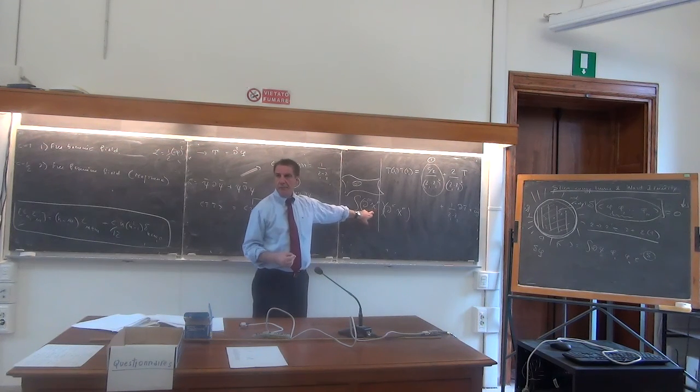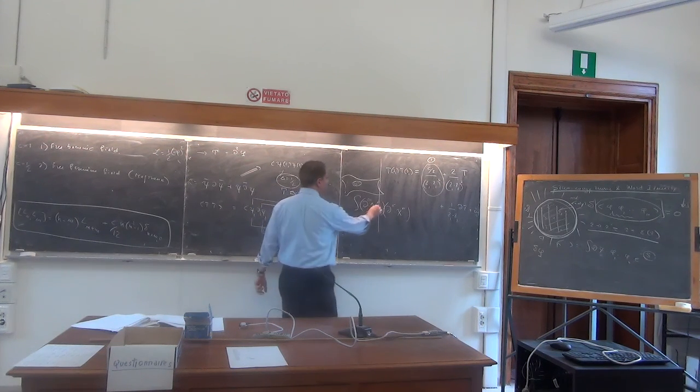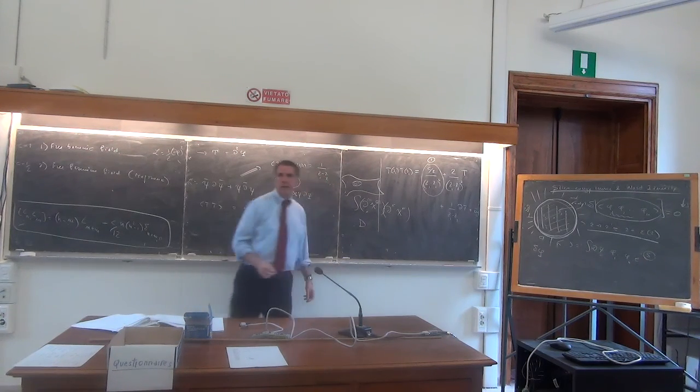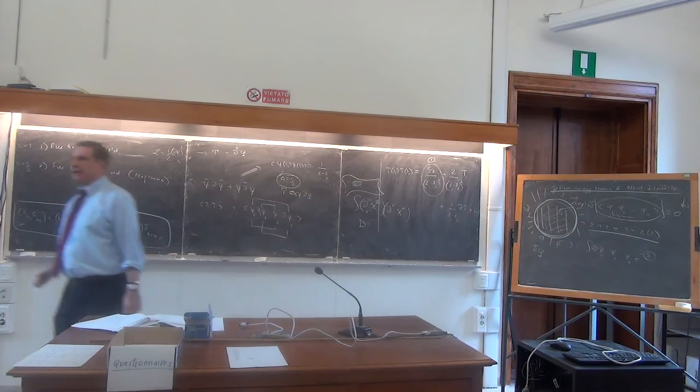But being a bosonic field, each of them counts 1. So if you have d dimensions, you have a central charge d.